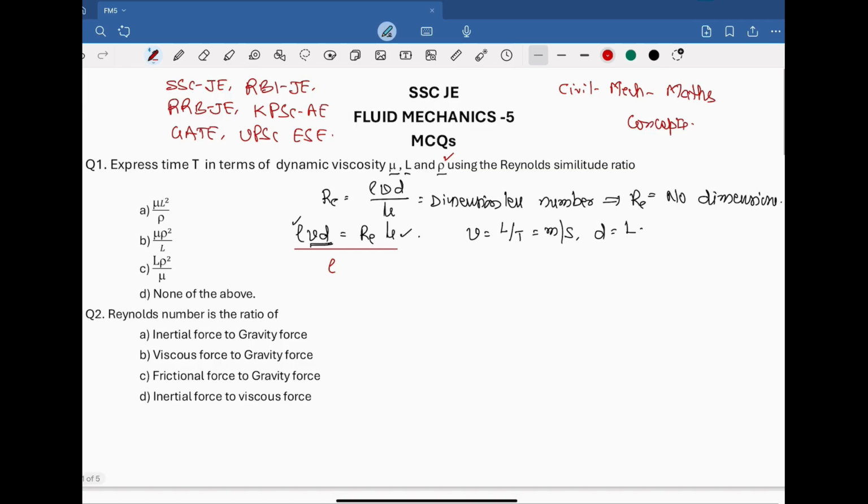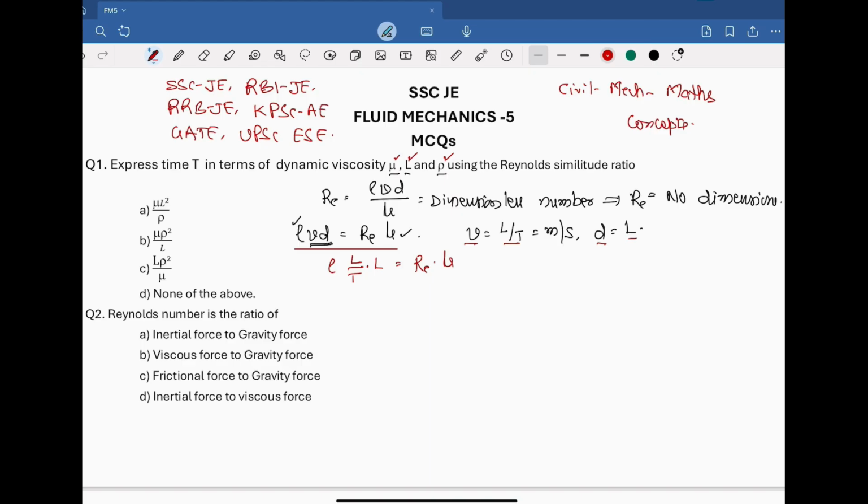V D I can write as L by T into L, with Re as some constant into mu. Mu is mu. I can use mu also.